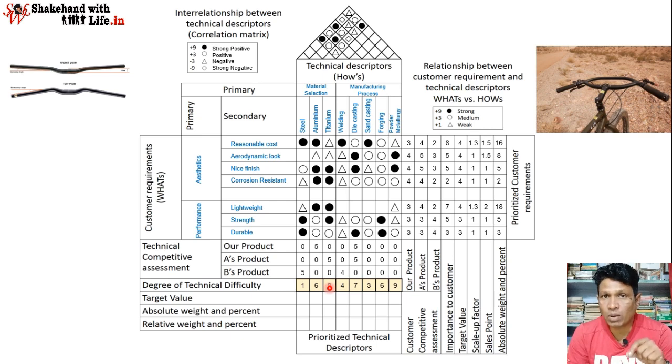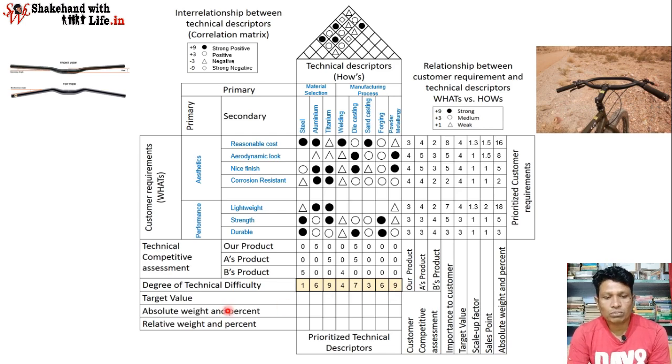Similarly, in manufacturing processes, welding has 4, die casting has 7, sand casting has 3, forging has 6 and powder metallurgy has 9. That means the most difficult process to manufacture a handlebar stem is powder metallurgy.